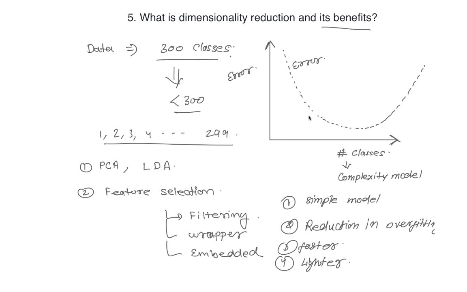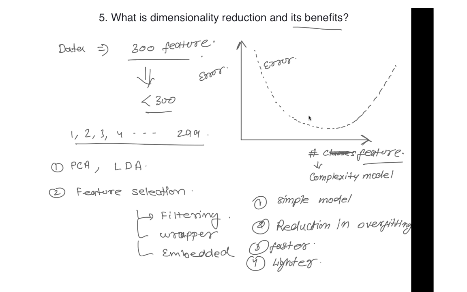That means if you have a low number of features, it's not actually the classes, this should be features. Input features classify into classes, so it doesn't depend on the classes, it depends on the features. If you have a low number of features, your model will also be faster as well as lighter. Okay, so this is all for this lesson.